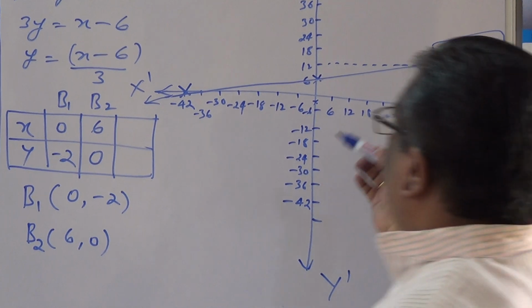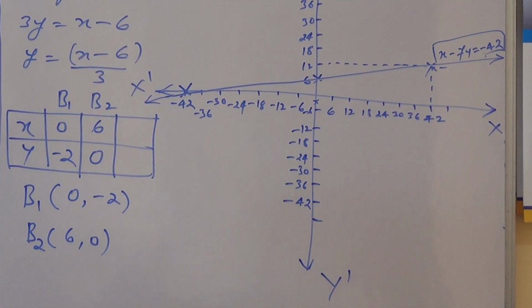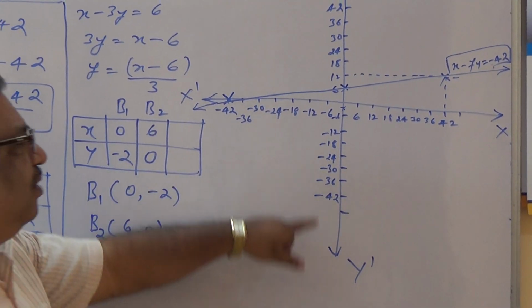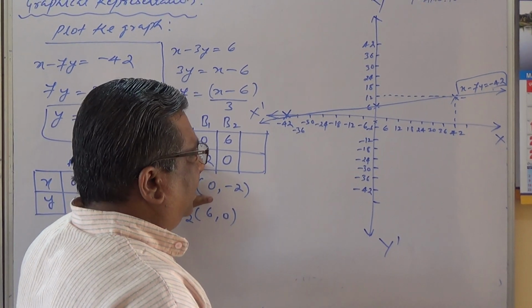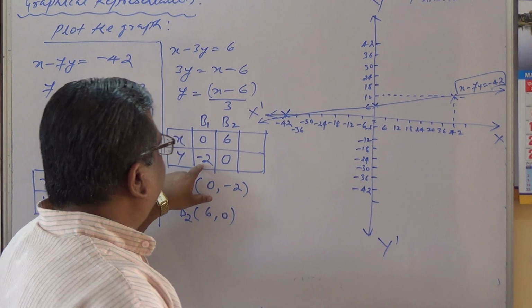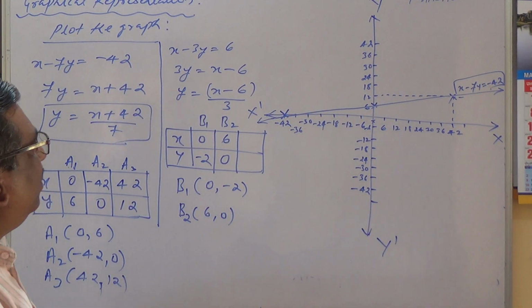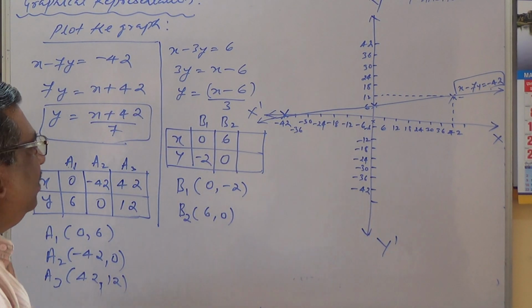Probably you can take some other points also. The scale is not allowing me to take minus 2 on the y-axis, but I can approximately take it over here, or I can take other values also.